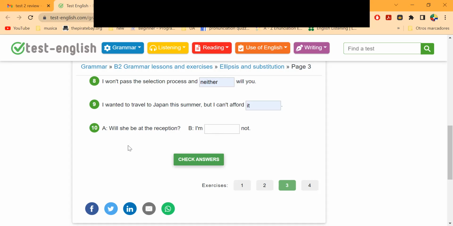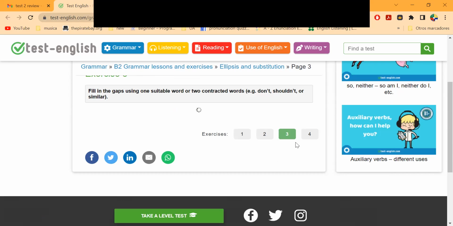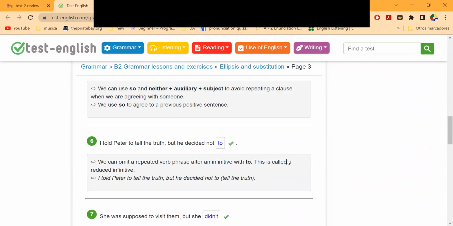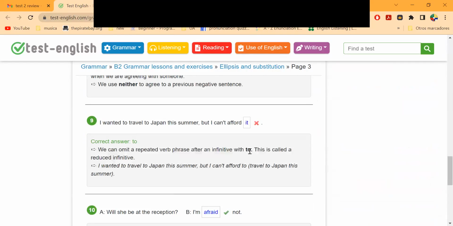Will she be at the reception? Afraid. Yeah. Very good linguistic intuition. Ok. ¿Viste? Me la puso mala porque yo la había hecho antes preparando esto. Y ¿te fijas?